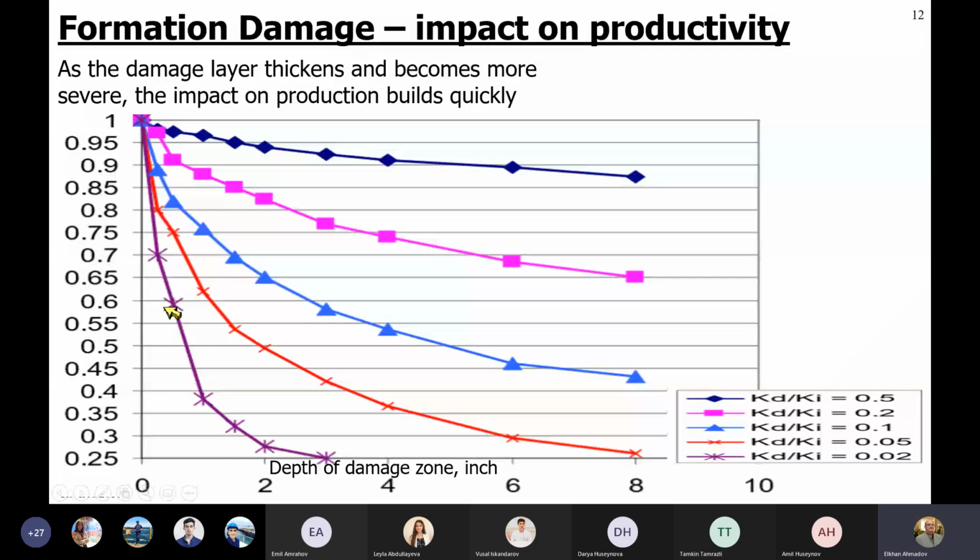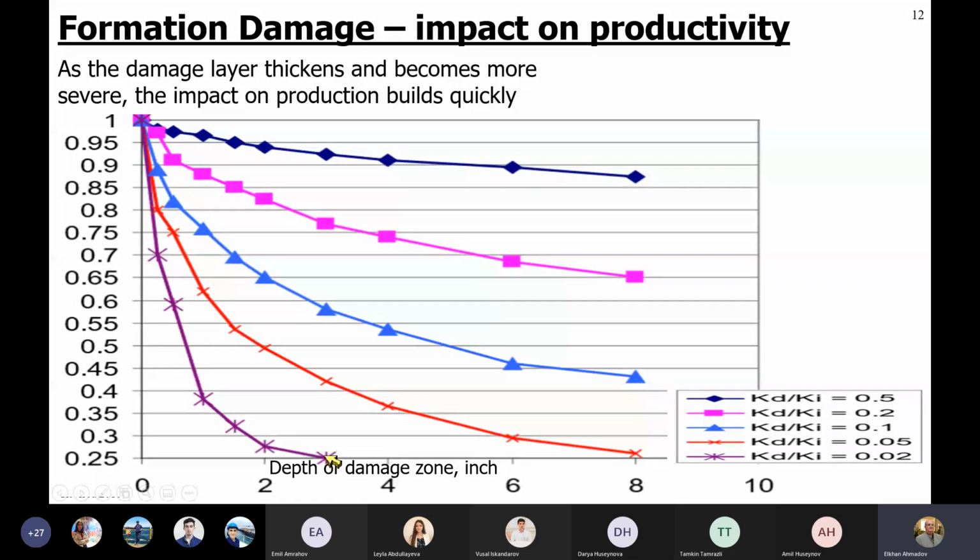So even at very low damage zone or very small damaged radius cases, we will have up to 30 or even 50% damage. And if this damage goes beyond 1 inch, then we get very low productivity, up to 25%.